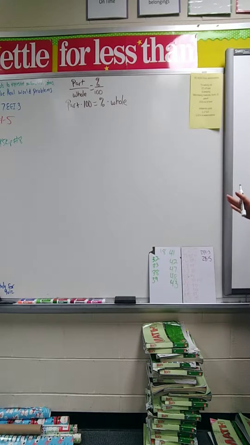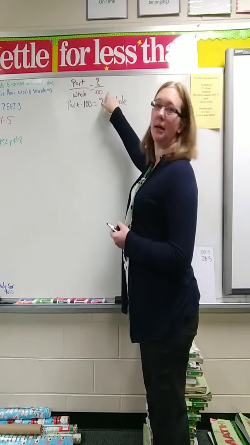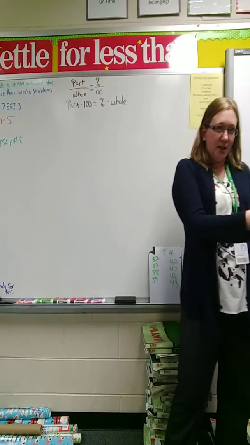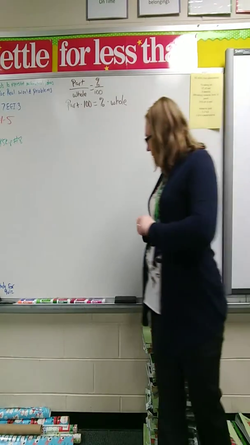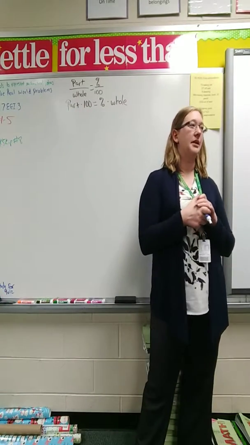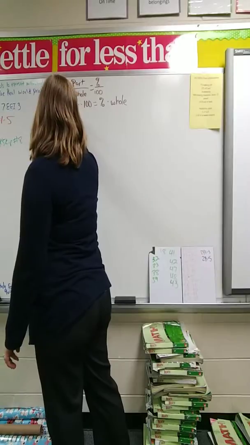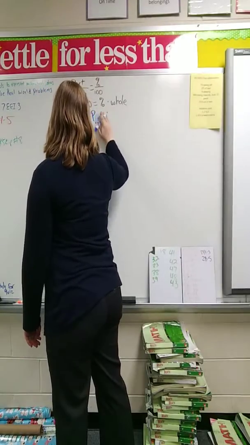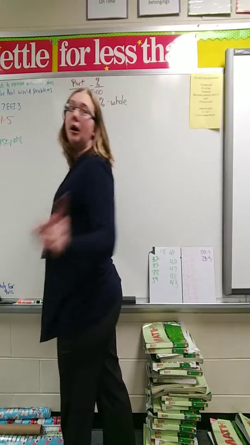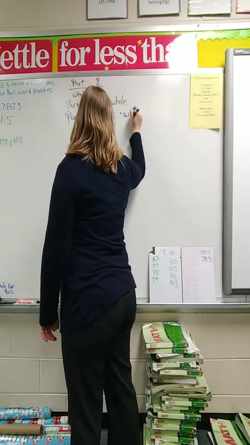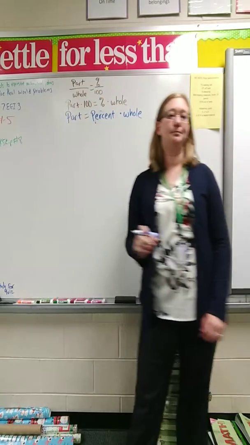In this situation, we took care of the per 100 part because we had it here and we multiplied that by the part, and then that took care of any per 100 situations. What we're looking at today, the formula for percents, says that the part equals the percent times the whole.